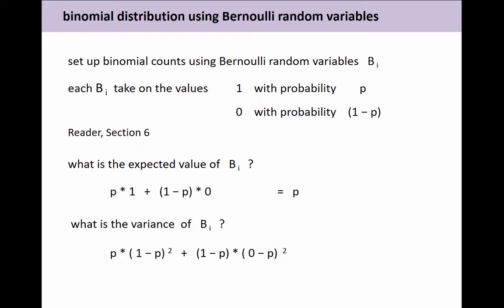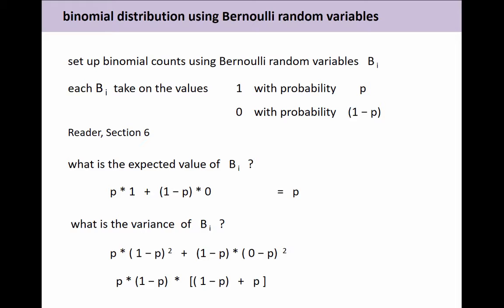So we can simplify this a little bit. It looks fairly complicated, but each of those two terms in the sum has a common factor of p and a common factor of 1 minus p. So if we pull those out and use the distributive law, what we're left with from the first term in the sum is 1 minus p, and from the second term in the sum, just p.